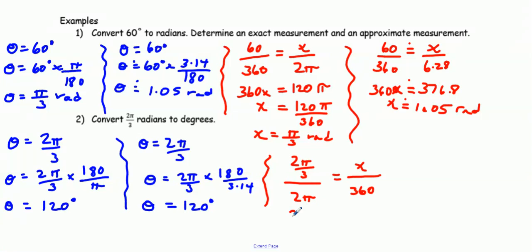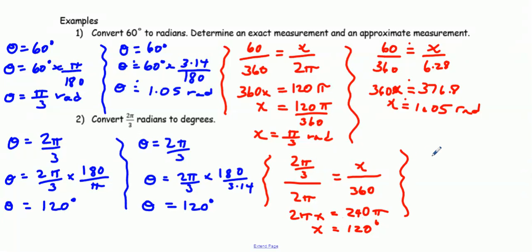Cross multiply, 2 pi x equals, when I multiply this, I get what? 720 divided by 3 is 240, and pi. I'm going to divide both sides through by 2 pi now, and when I do that, I get 120. My pi's cancel, and I'm in degrees.